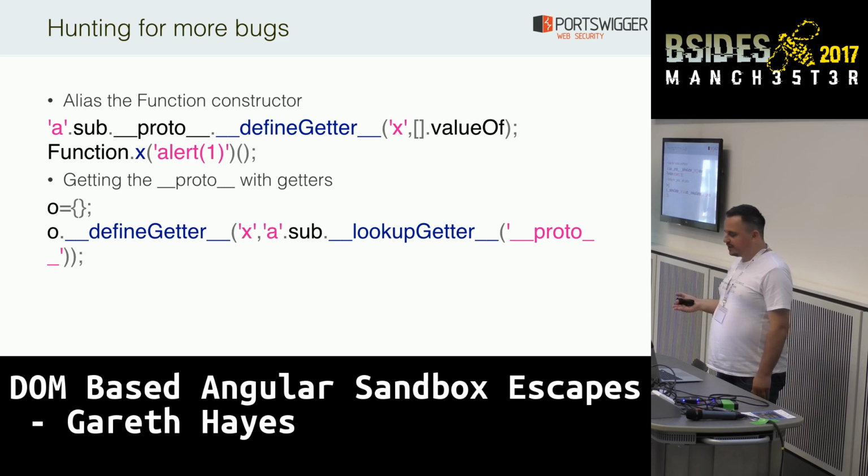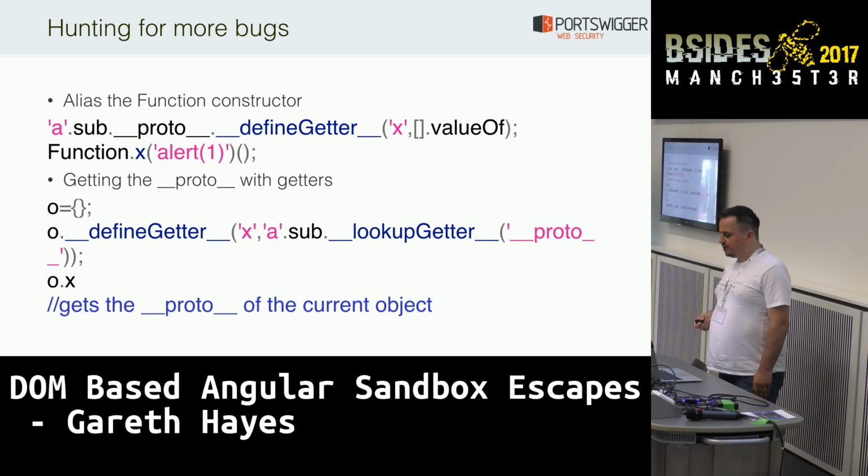So here we have an object literal. We use define getter. We define a new getter of x. We use lookup getter and get the proto getter. So when the getter is called, the proto getter is called, and that will return the proto of the current object. So it's just a cool way of providing an object that normally a function requires.